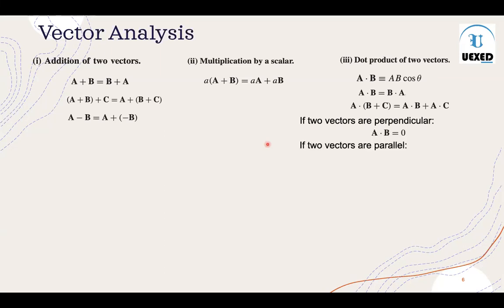Similarly, if you have parallel vectors, then what is going to happen? Just the product of the magnitudes of these two vectors, right? So if I say the magnitude of vector A is A and the magnitude of vector B is B, then it is just going to give us a scalar product.